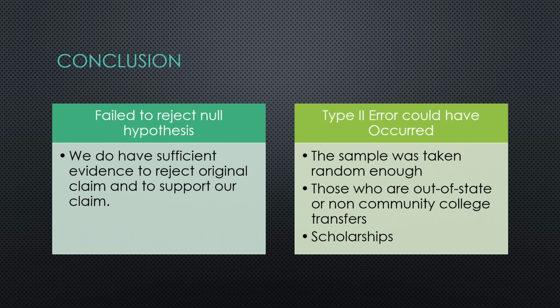Next, we probably weren't able to count the out-of-state students and non-community college transfers. We probably were only counting those who live in Tennessee because we were collecting samples from those entering the campus, not those who were already on campus. And on top of that, we probably could have encountered some scholarships.